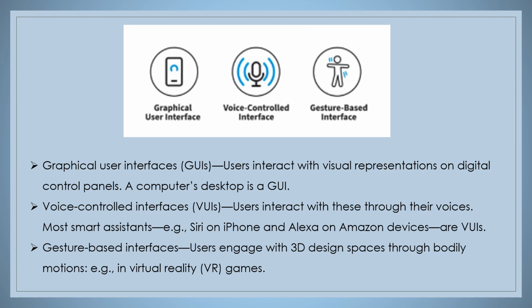Voice control interfaces is where users interact with these through their voices. Most smart assistants, for example, Siri on iPhone and Alexa on Amazon devices, are voice controlled interfaces. Gesture based interfaces, users engage with 3D design spaces through bodily motions, for example, in virtual reality games.